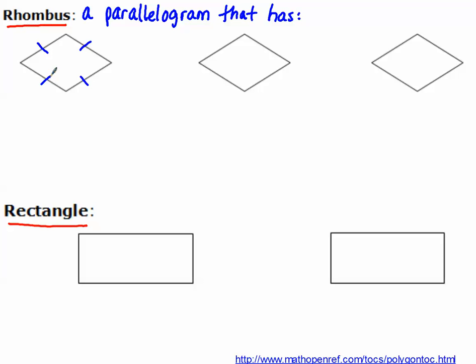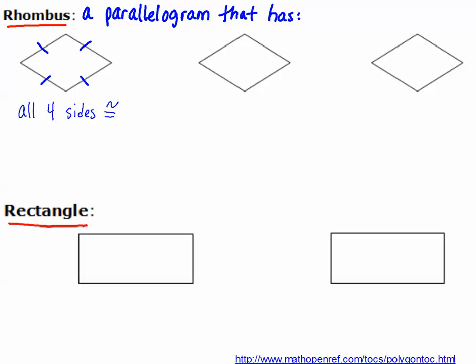So remember back to the parallelogram picture, just the opposite sides were congruent. Well, if all 4 sides are congruent, still the opposite sides are congruent, but now it's a little bit more specific. All 4 sides are congruent, then it is more specifically a rhombus.